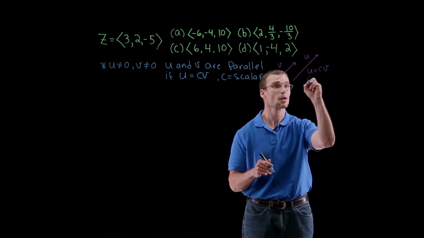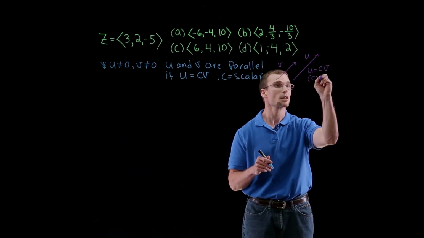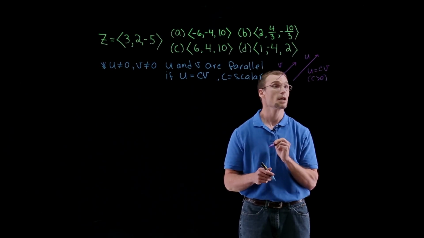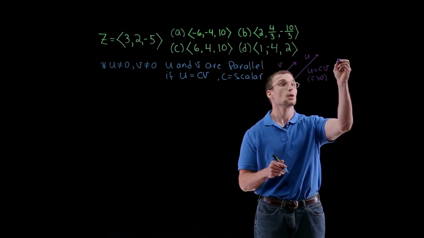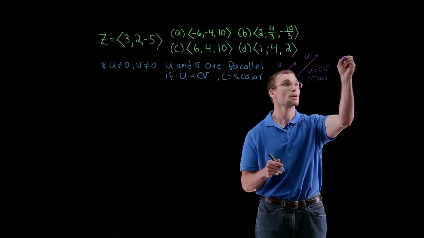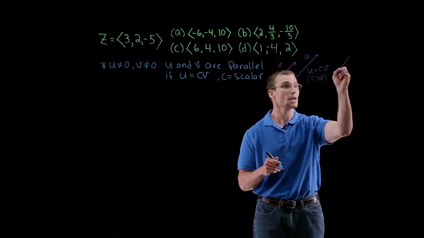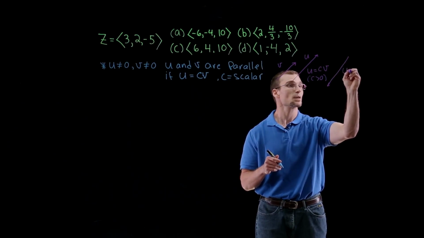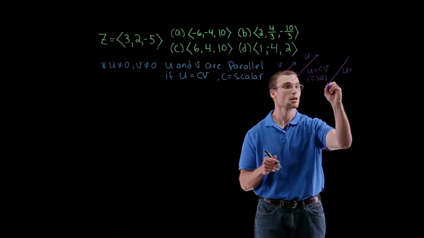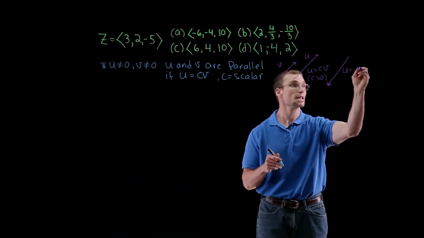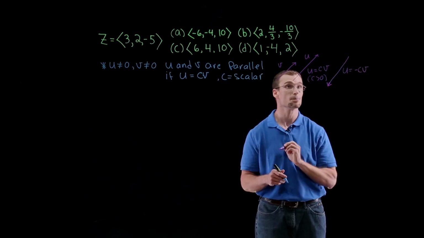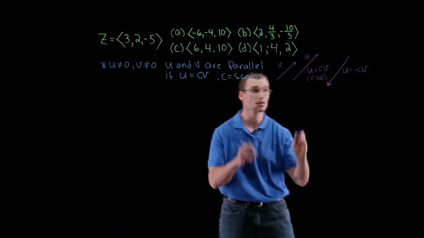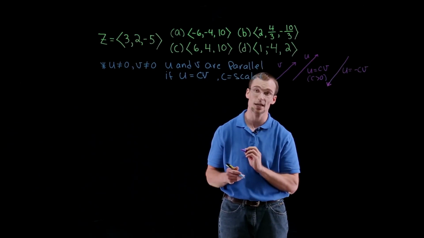Here, of course, we'll suppose that c is positive. If the scalar is negative, we'd have a parallel vector going in the opposite direction, namely, if we had something like u equals -c times v. Okay? So that gives us a pictorial idea of what this is saying.